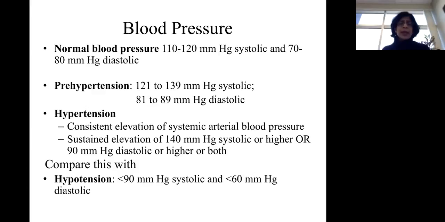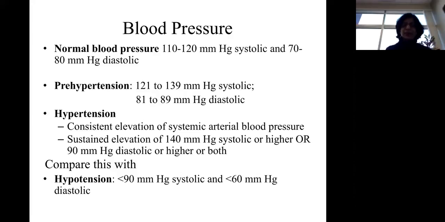Only when it's consistently high is when you call that hypertension or pre-hypertension. Okay, so that has to be there. When you exercise, your blood pressure does go up and then it returns back to normal. So it's not hypertension.